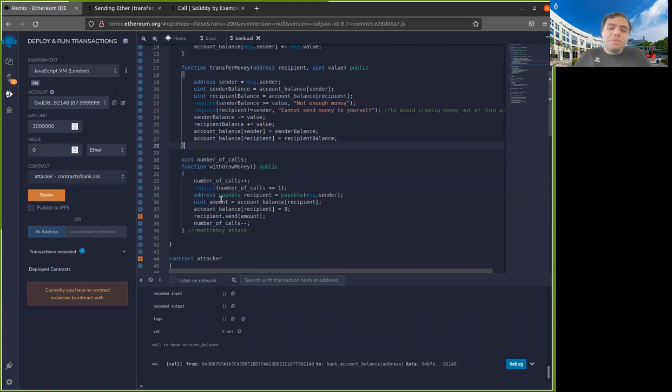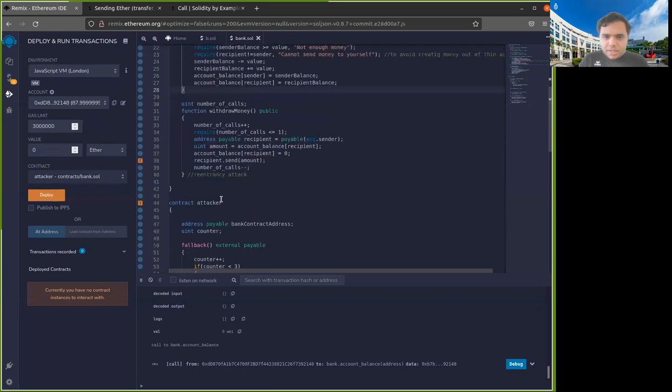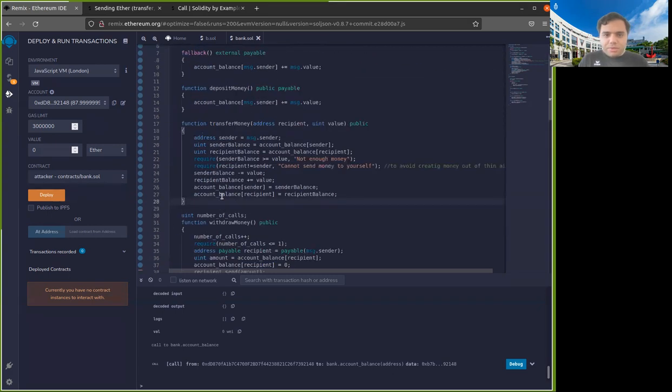You have to usually ask someone else to also do the checking. This is usually called a security audit. So there are actually companies that specialize in this, in checking the codes of your contract for particular security vulnerabilities. And there are also some automated tools that we will see in the next sessions that can be used to tell you if you have these kinds of errors. I'm going to now answer the questions in the chat.